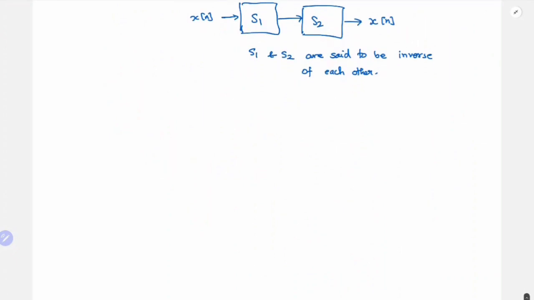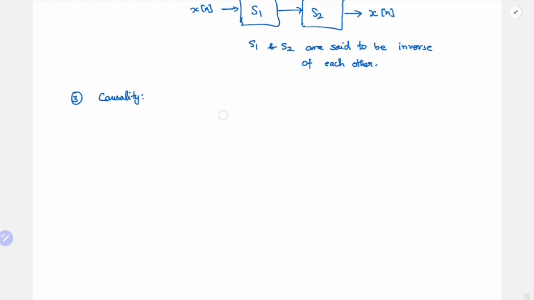So the next property is causality. So what does causality mean? Any output depends only on the previous inputs and not on the future inputs, right?